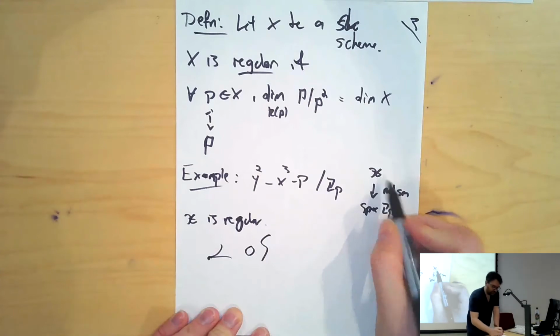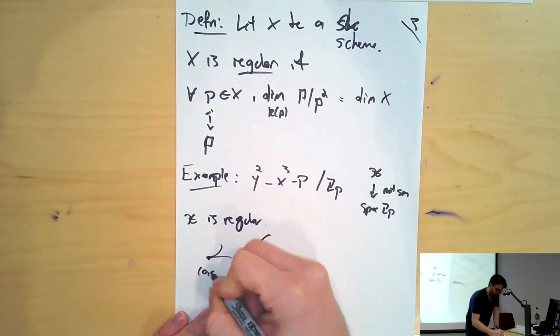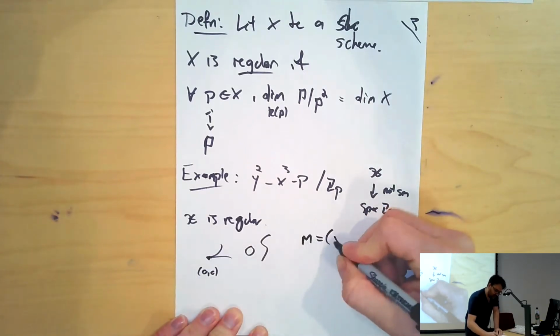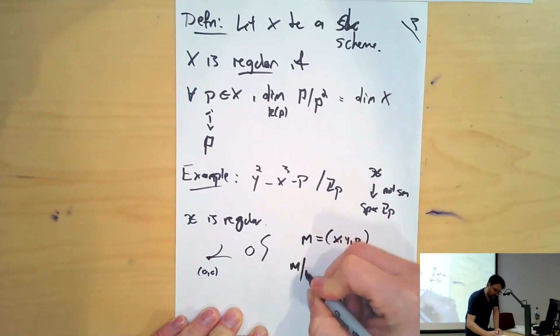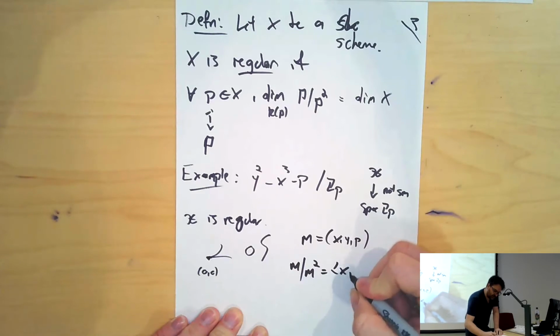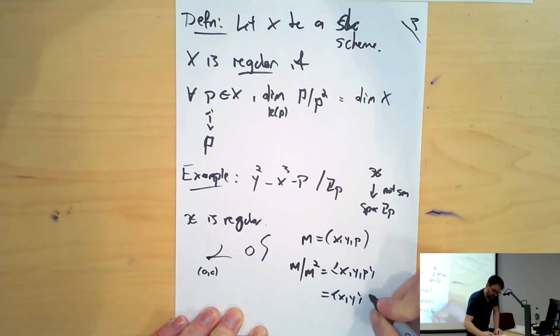X is two-dimensional. On this fiber, there's a singular point, 0, 0. The corresponding maximal ideal is x, y, p. And then m mod m squared is generated by x, y, and p, but it's actually only generated by x and y.